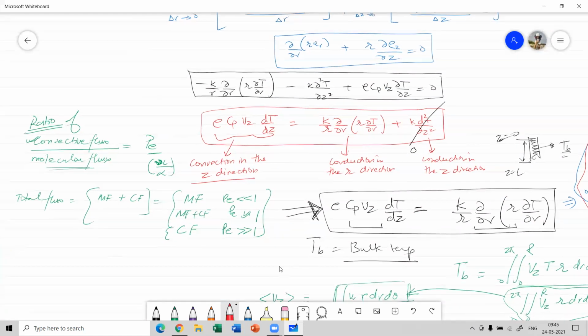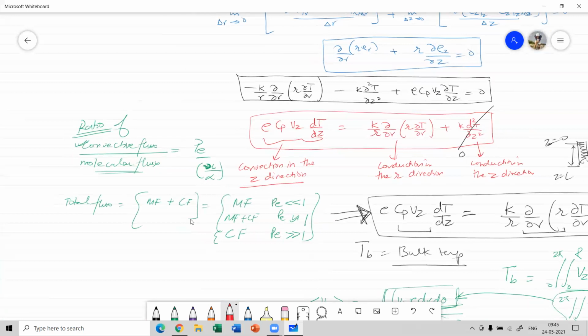Then based upon the Peclet number, which is basically the ratio of the convective flux to the molecular flux, for a specific case where the Peclet number is much less than 1, we ignored the conduction in the z direction.